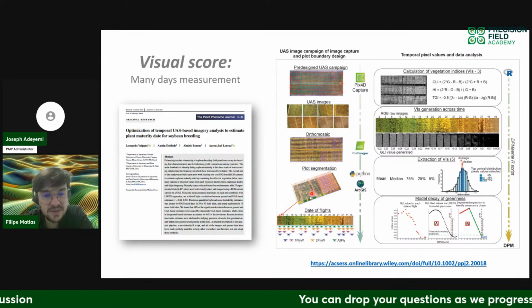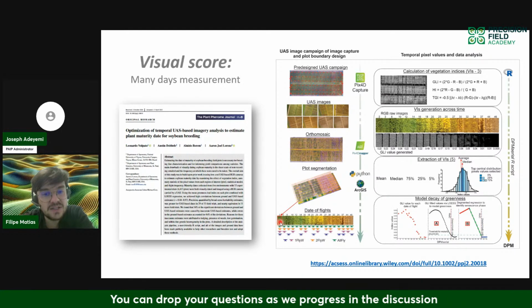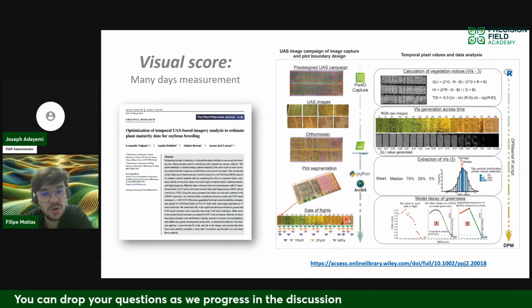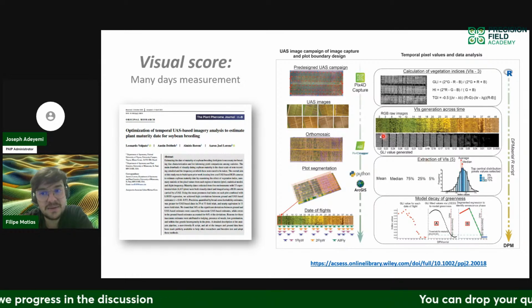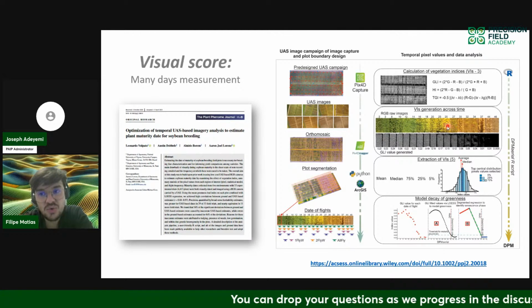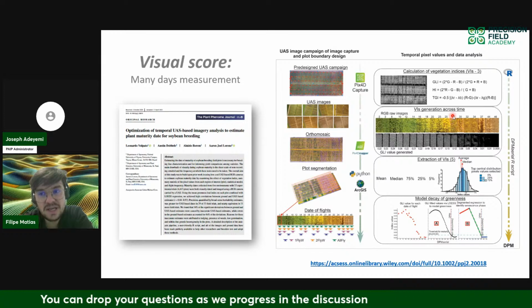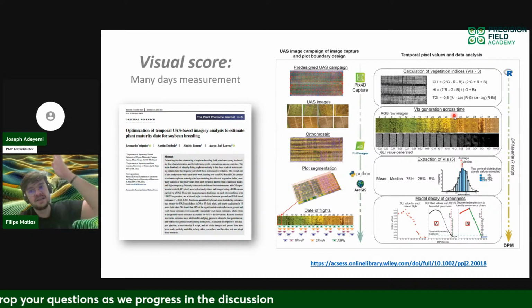From this time, you collect many flights following the plants from when they are green all the way to when the plant is dead, trying to calculate a system to find which flight is going to be our decision for senescence.